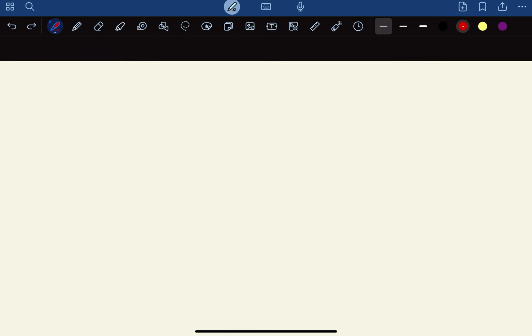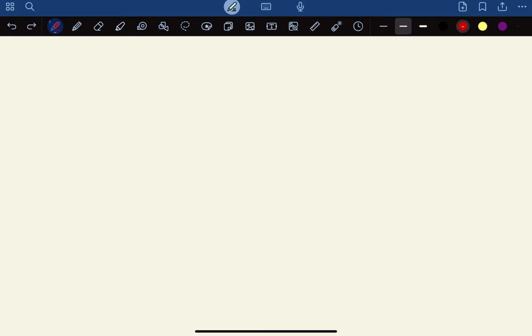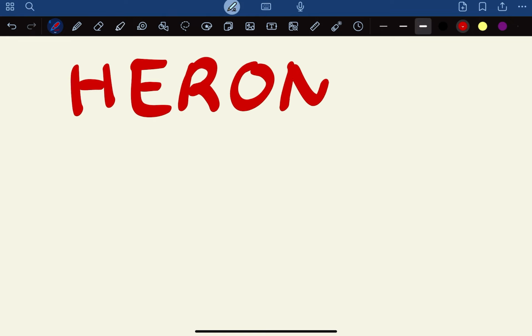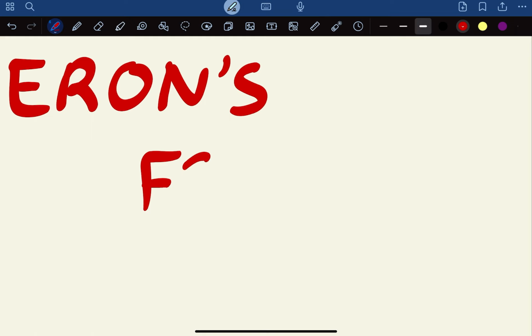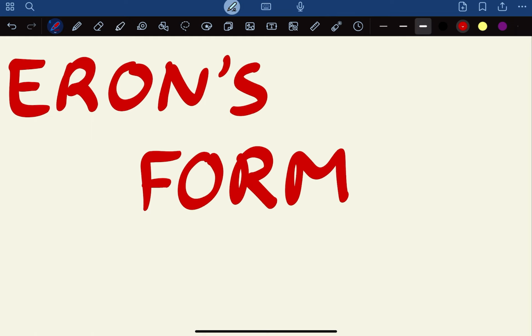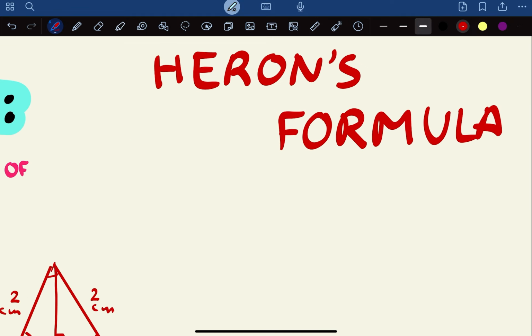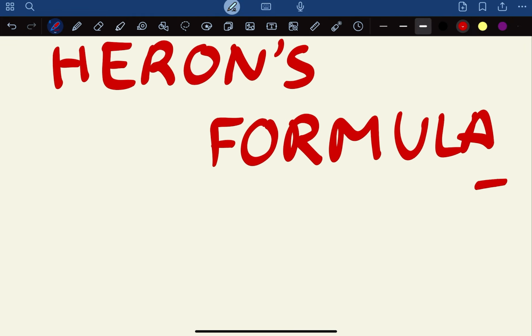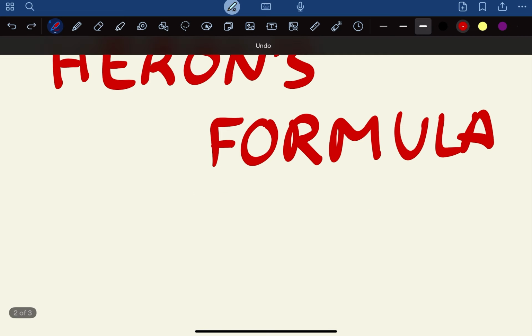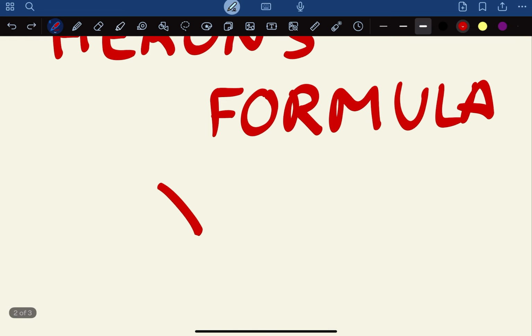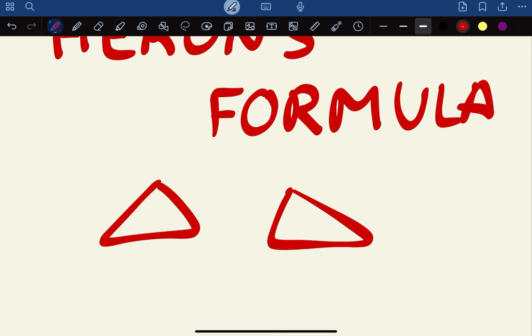This is where I introduce to you all the grand formula called Heron's formula. Please excuse me if I said the name wrong, but this formula is amazing. It's amazing, yes. It works for any triangle, any type of triangle.